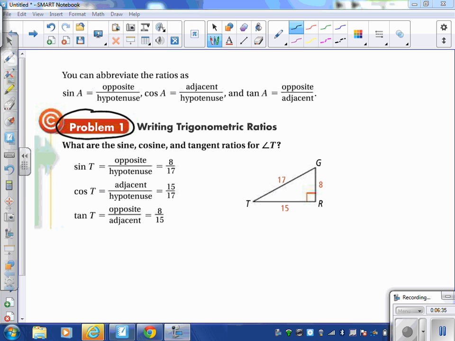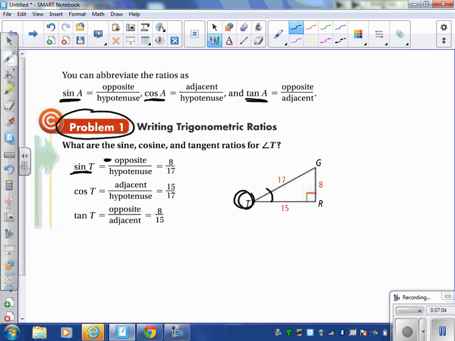So how does this relate to sine, cosine, and tangent? Well, here we have our sine, cosine, and tangent, which is our SOH-CAH-TOA. Let's see how that works with a triangle, trying to find the sine of T. So we're looking at angle T right here, and we want to find the sine of T. So what do we need to know? We need to know that it is opposite.